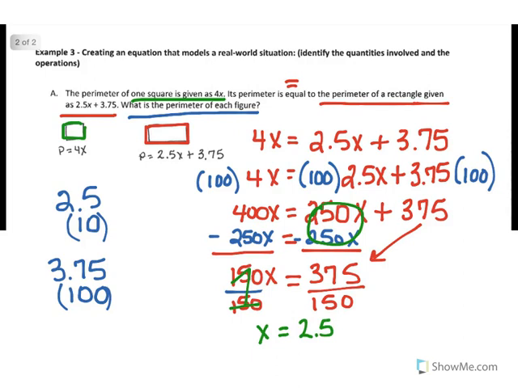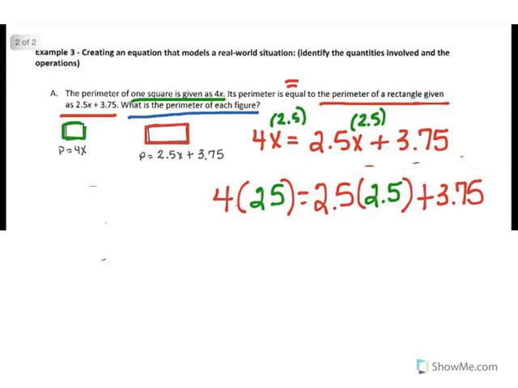Remember, 2.5 is not my answer for my question. The 2.5 is just the value for x. Now I need to do the next piece, which asks me what is the perimeter of each figure. So that means now in my original problem, I need to go back and replace x with 2.5.